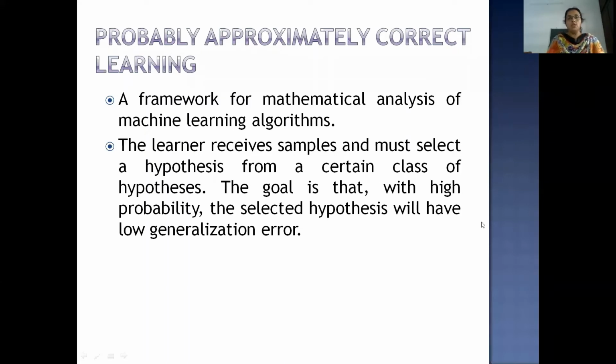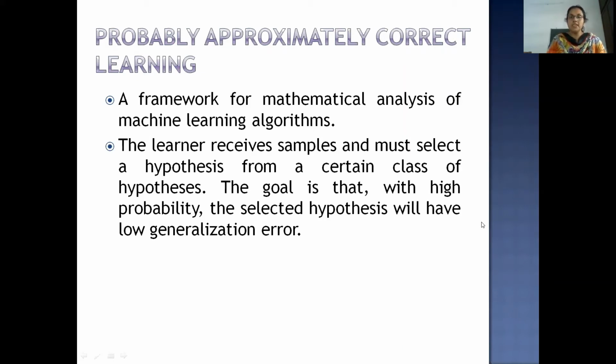So now let's look at probably approximately correct learning in a little more detail. I hope you've understood what I've explained earlier. What is probably approximately correct learning? It is a framework for mathematical analysis of machine learning algorithms. The learner receives samples and must select a hypothesis from a certain class of hypotheses.